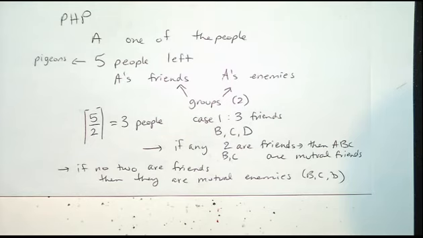If the 3 people in the group of 5 are all friends of A, then either 2 of them are friends and there's a group of 3 mutual friends, or none of them are friends and there's a group of 3 mutual enemies. And there's a mirror case for case 2, where there's 3 of A's enemies. You just reverse the words enemy and friend and you prove the other case.